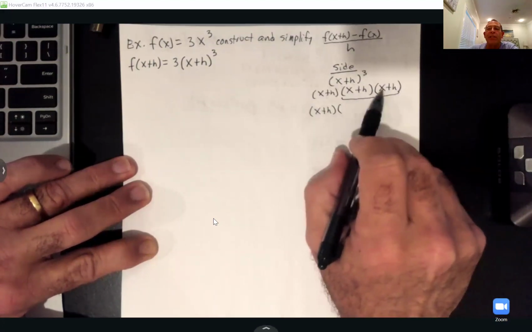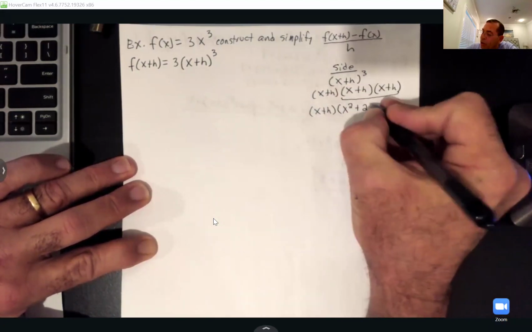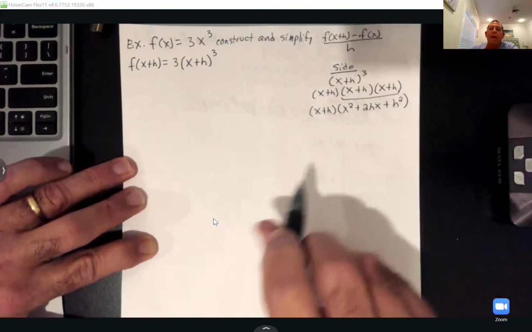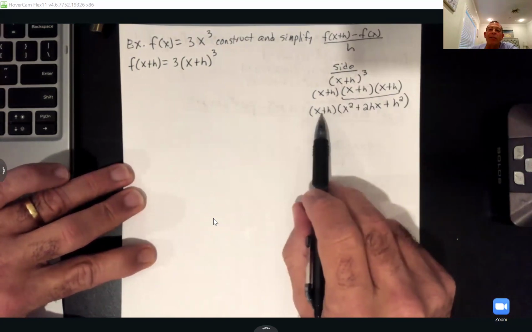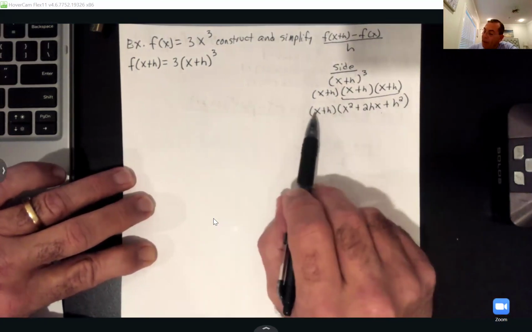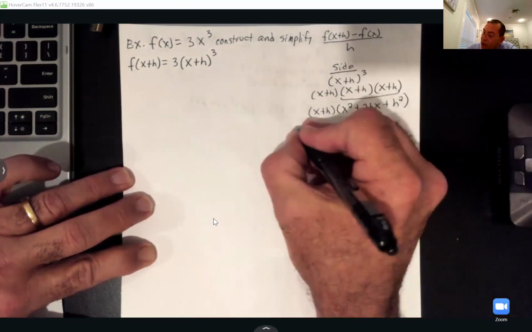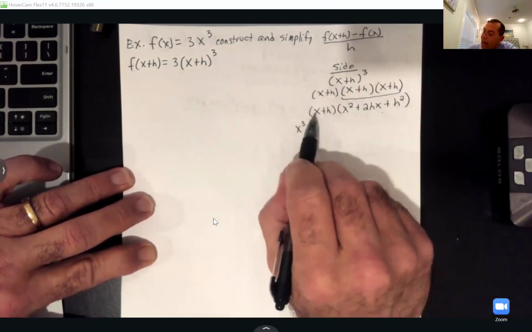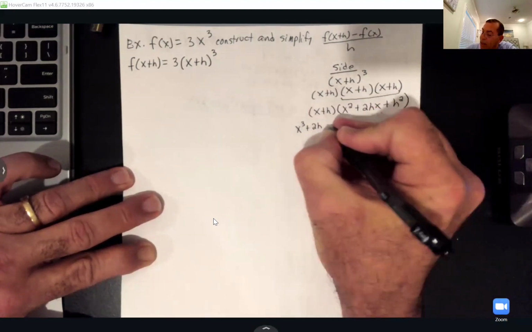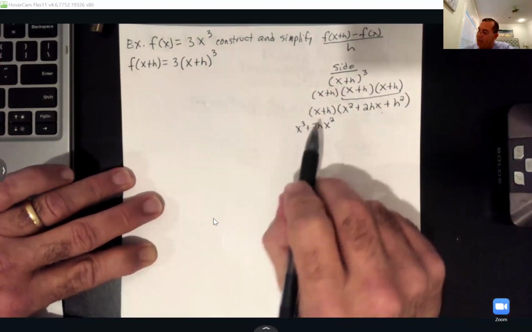We multiplied 2 of these a while ago, and we got an x squared plus 2hx plus h squared. All we got to do now is figure out what this x plus h times all this will give us. So I'm going to distribute the x first. X times x squared is the x cubed. X times 2hx is a 2hx squared. So I'm basically adding the x to everybody.